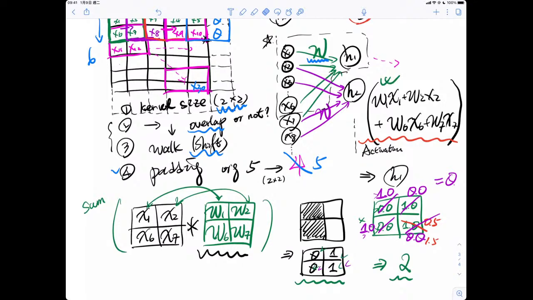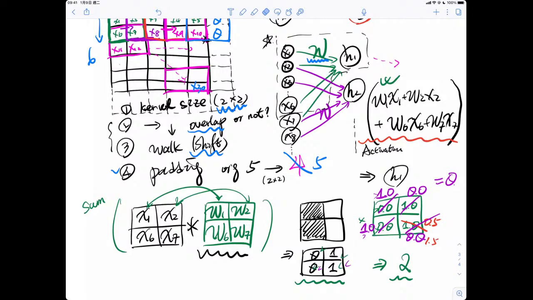The kernel itself has a weight. The weight looks like another two-dimensional image. Of course, it's a 2x2 image, and we are trying to evaluate how close the weight is to the original data.